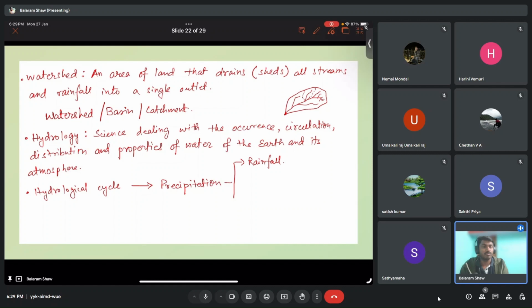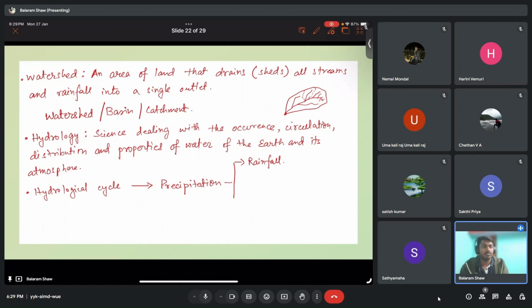So what is this rainfall? Mostly we consider rainfall when the size of the drop varies from 0.5 mm to around 6 mm or more. Whenever the drop falling from the atmosphere to the Earth's surface is between 0.5 mm and 6 mm, or sometimes more, we consider that rainfall.